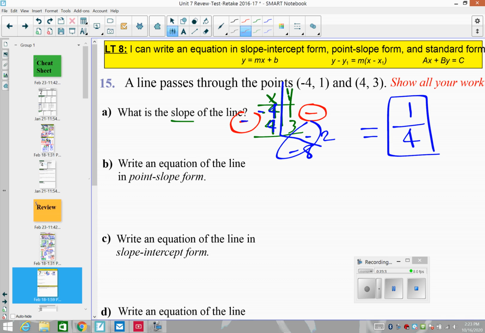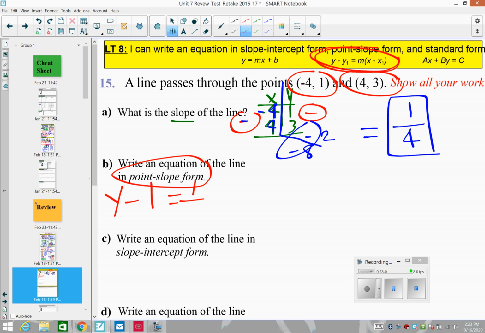So now, point slope form, I can pick one of these data points. It's this form. You have a point and you have a slope. Pick one. So y minus 1 is equal to the slope times x minus -4. Now I'm not going to leave that negative thing there. So that's option 1.